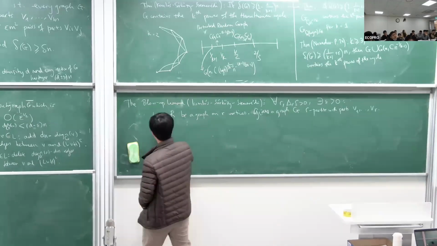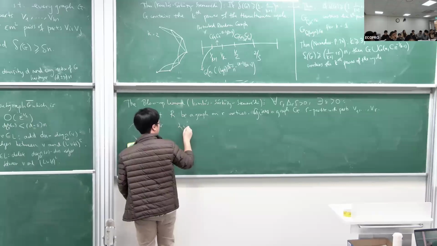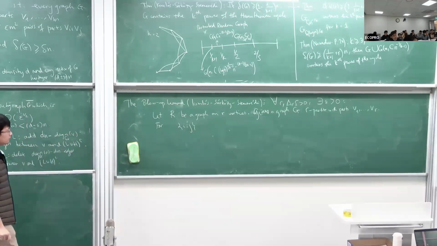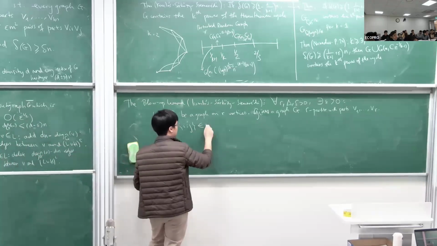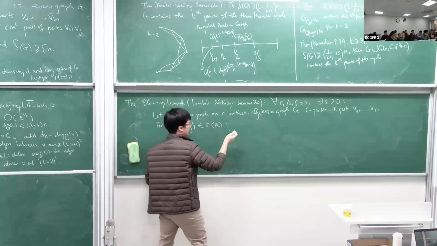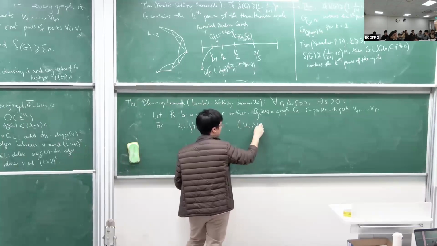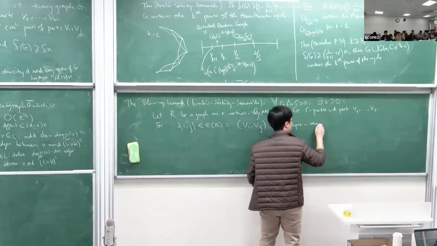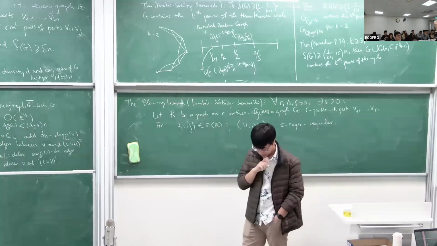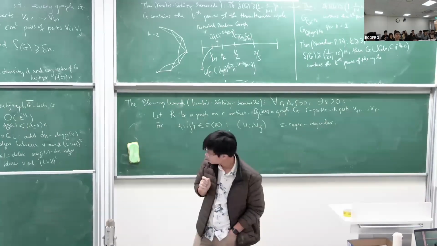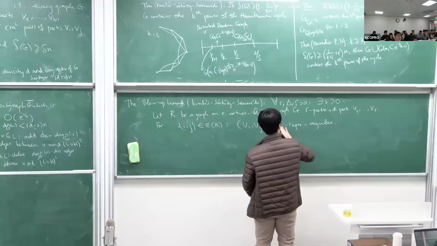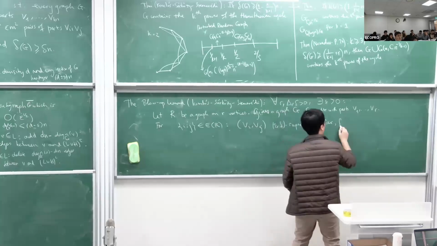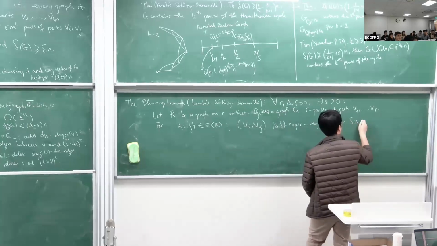I will identify the vertex set of R with the interval between 1 and r throughout. For every edge ij in R, we force that the corresponding pair of parts in G, Vi, Vj, has to be epsilon superregular. Or maybe, because I'll apply that result anyway, epsilon-delta superregular, for delta much bigger than epsilon.